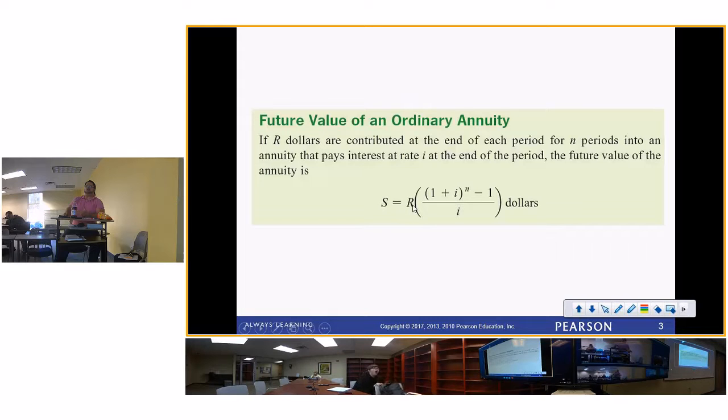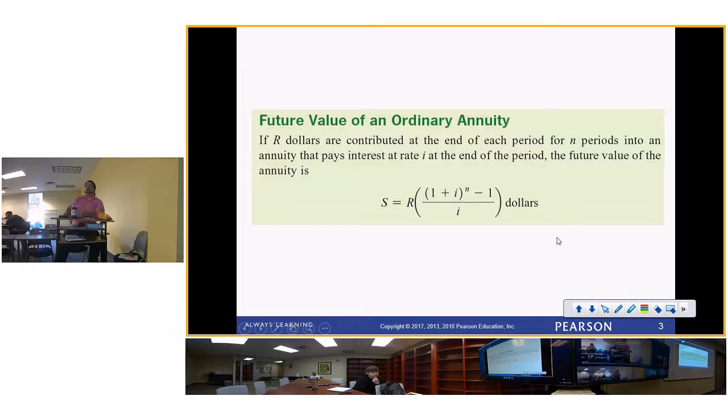Then R would be 100. S would be what you get when you retire. N is going to be periods into an annuity that pays. So N would be 12 because I'm paying 12 monthly payments. And I think I is also going to be R over N, but we'll see that in just a minute.